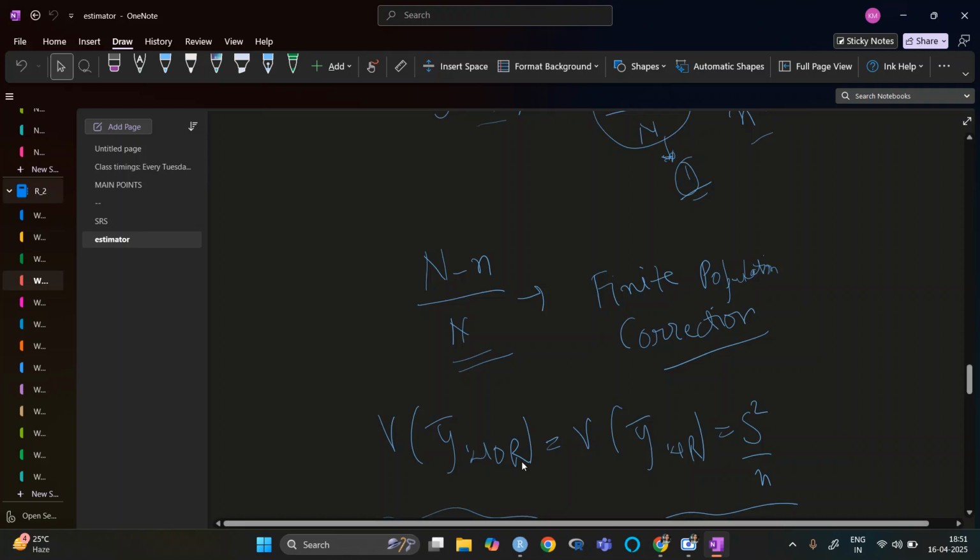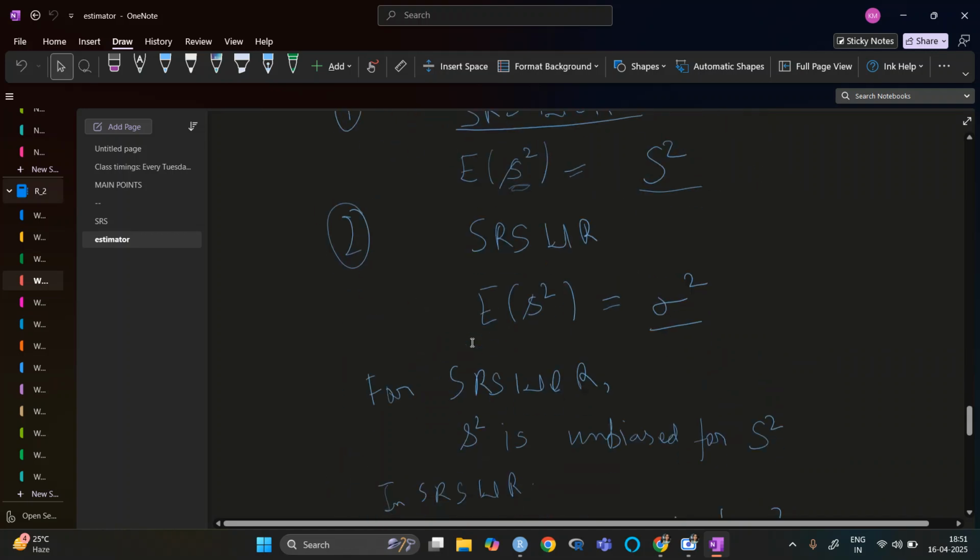In that case you can just write the variance by this. But if your population is finite, a little bit small, then you need to do this correction. That is why it is named finite population correction.